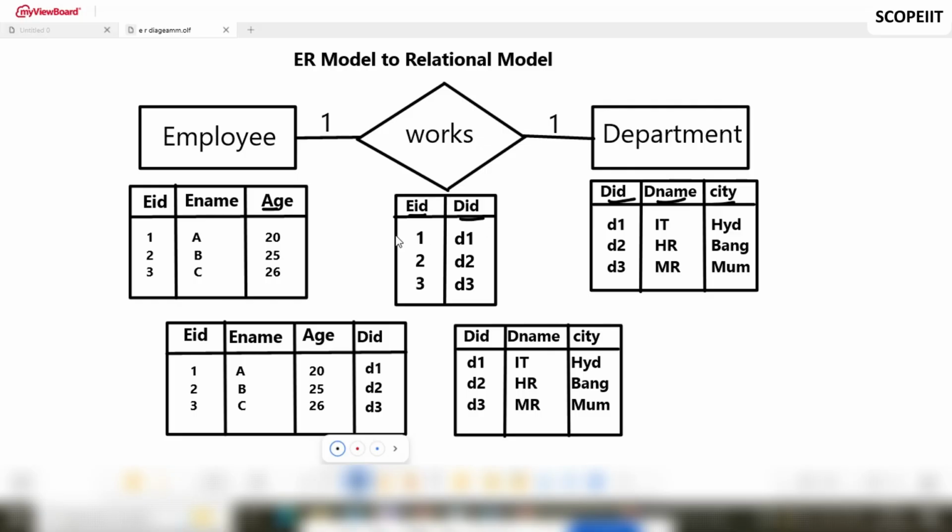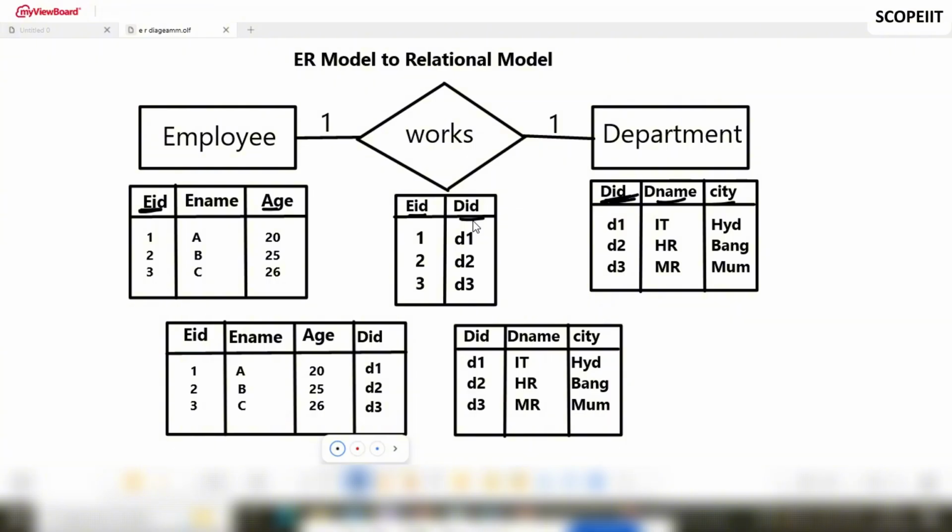Understood? So now there are three separate tables. Now here one question will arise: ma'am, which will be the primary key? Here, employee ID is a primary key, and here DID is a primary key. The Works table will have both, because it has both relationships. So employee ID or DID, which one will be the primary key? Here actually any one can be the primary key.